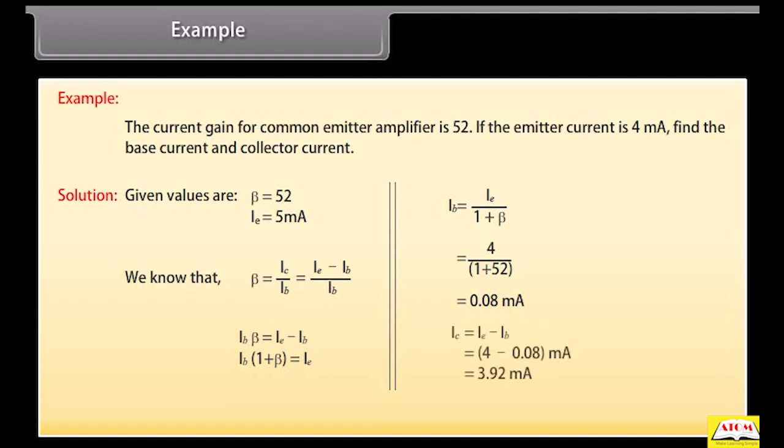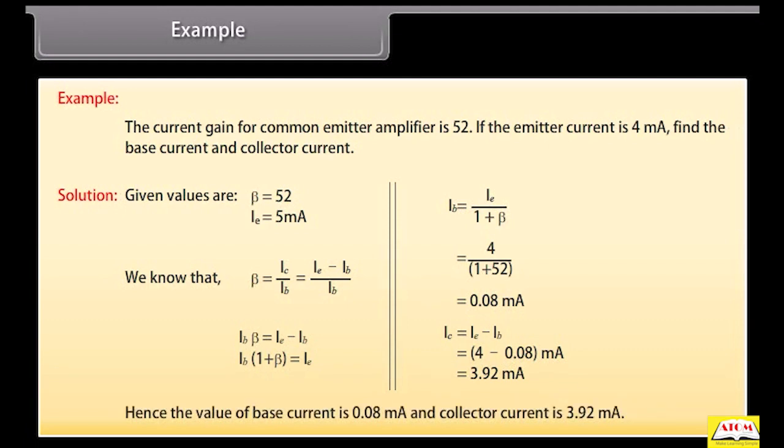We know that IC is equal to IE minus IB. Now putting the values in the expression and calculating, we get IC is equal to 3.92 milliampere. Hence the value of base current is 0.08 milliampere and the collector current is 3.92 milliampere.